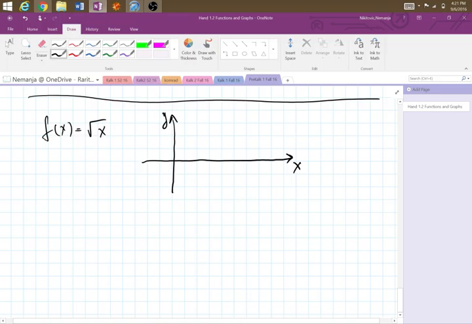Pick the values, compute the values, you will get the dots, plot the dots, and then connect the dots. It starts at 0 because square root of 0 is 0. Any negative value before that is not going to fly with this function because it's going to give us imaginary. And we're going to have a line that curves and rises like this.